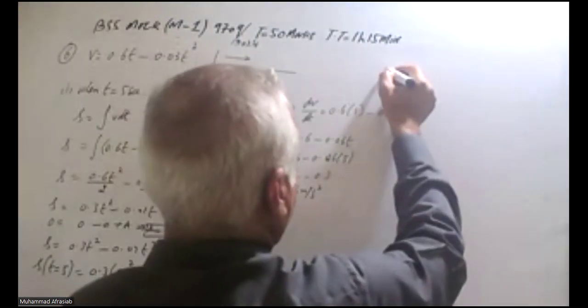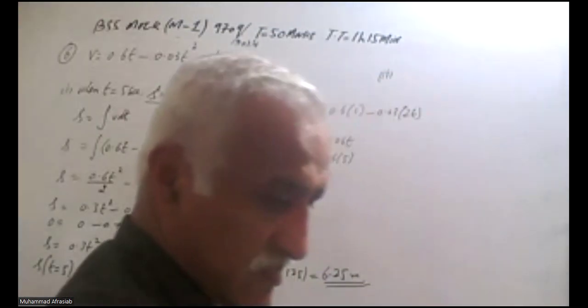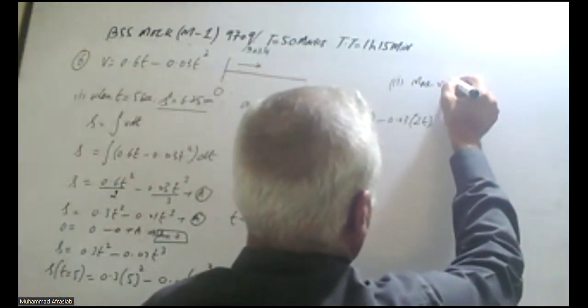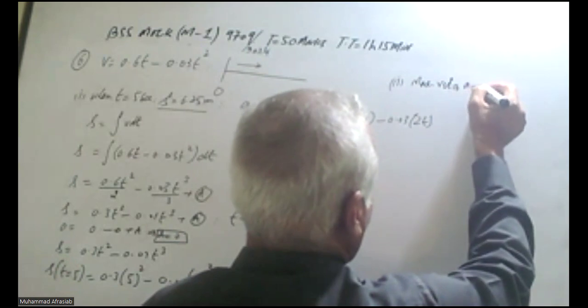Now the second part. You have to find the time when it has reached half of its maximum velocity. We know that for maximum velocity, you put acceleration equal to 0.